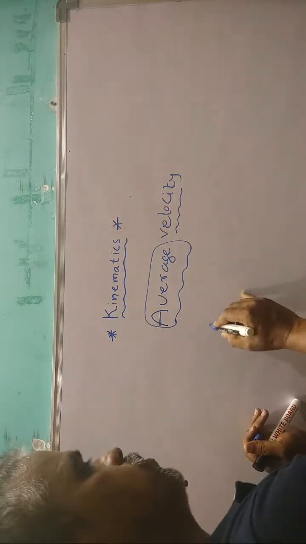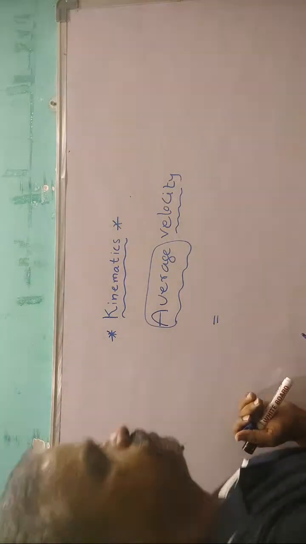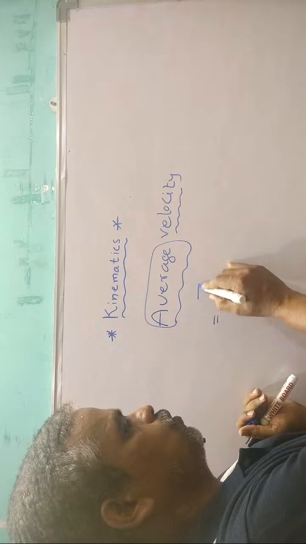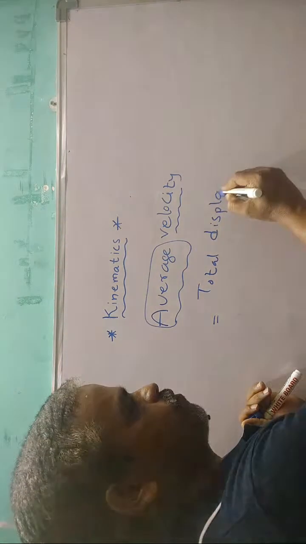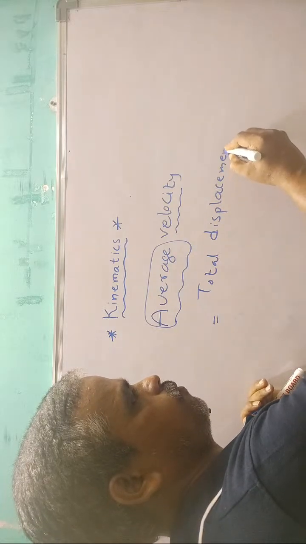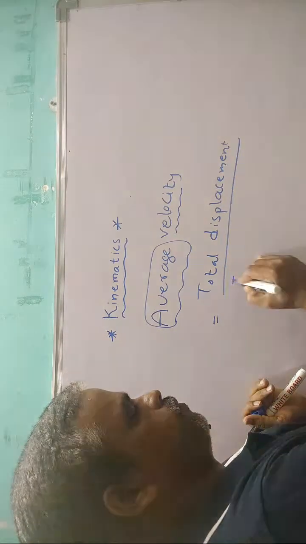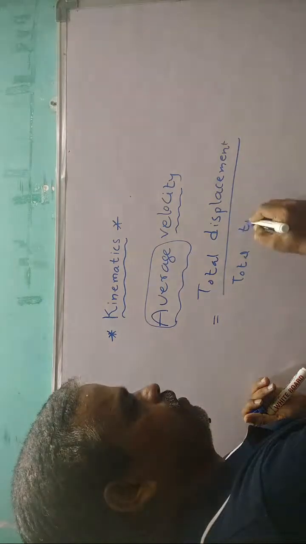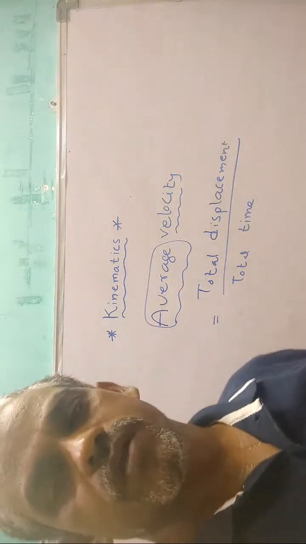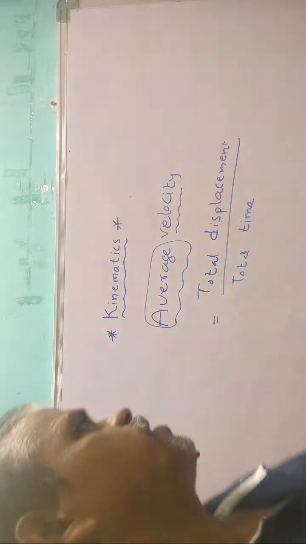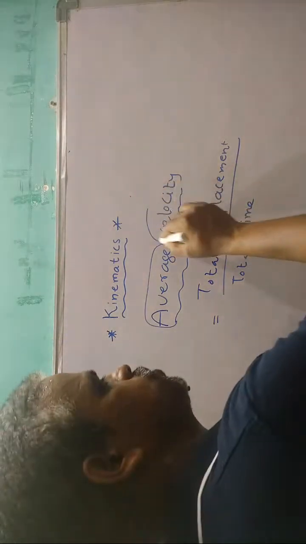So for this one formula, average velocity, same formula, total displacement by total time. Total displacement by total time, same formula what we used for velocity.